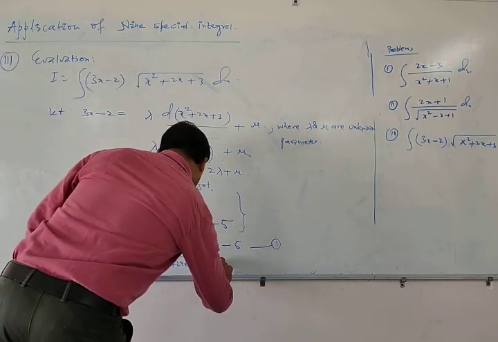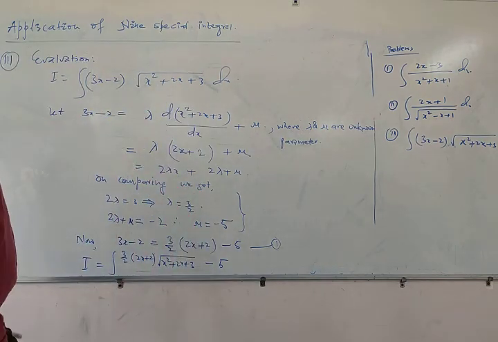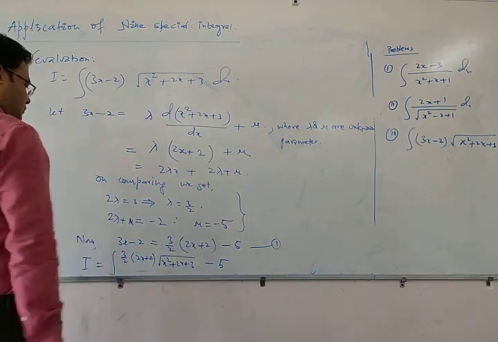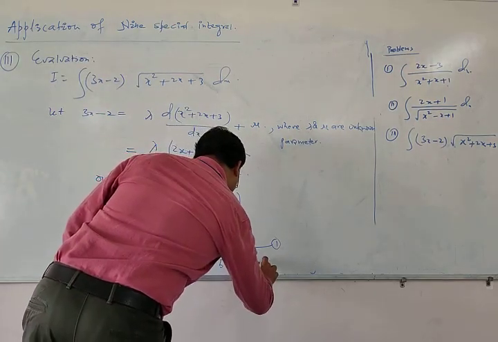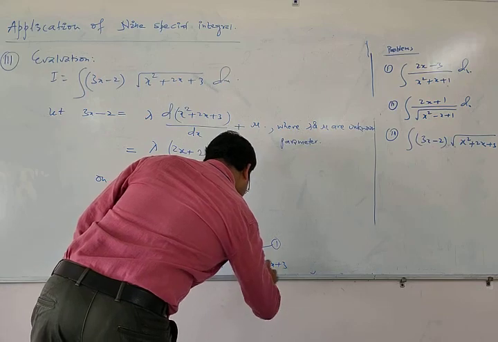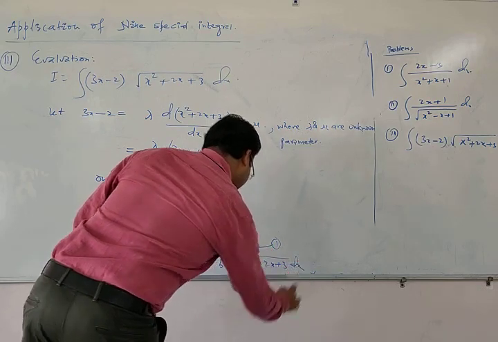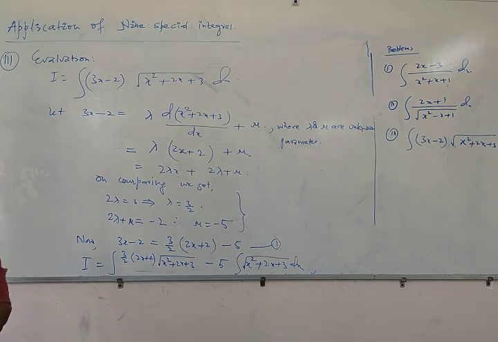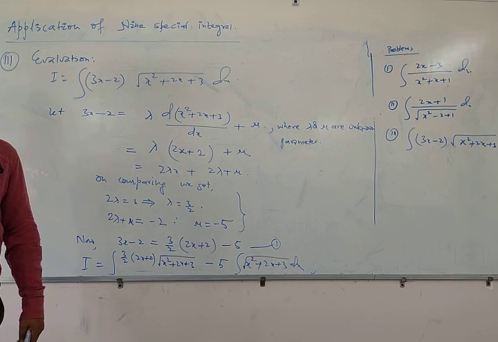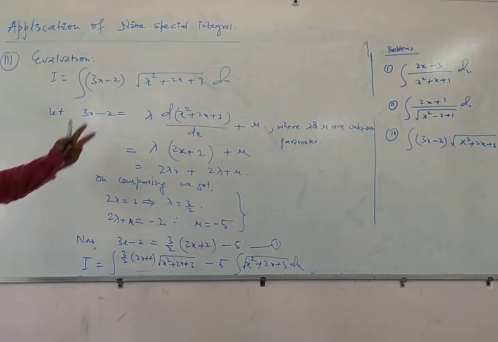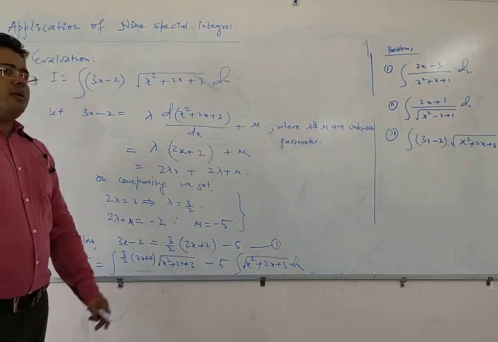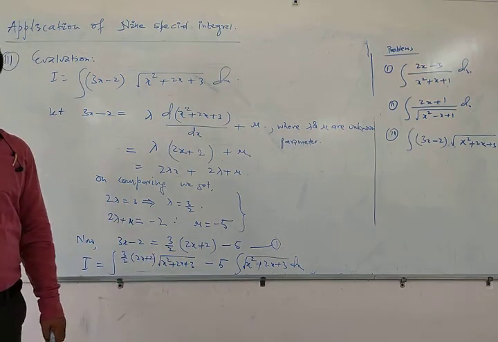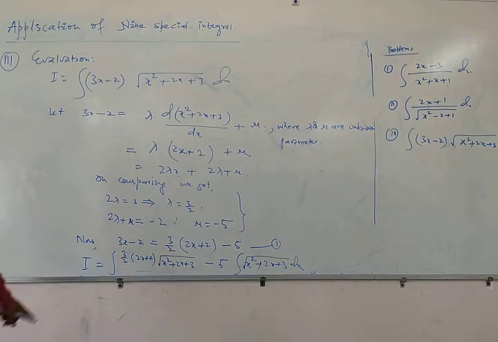Minus, we can directly separate the integral, minus 5 times the integration of 1 upon the square root of x square plus 2x plus 3 dx. Here we write two steps in a single step. First of all, we have to write the value of 3x minus 2 as this, and then we have to separate, but we skip a step and go to the second step and directly write this.